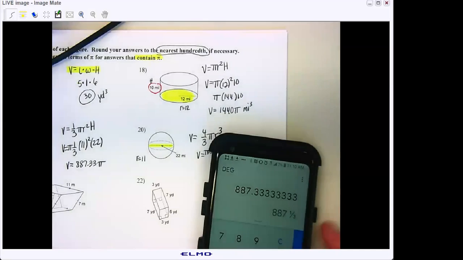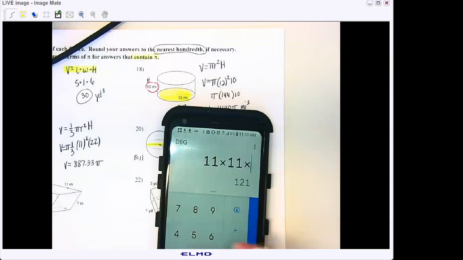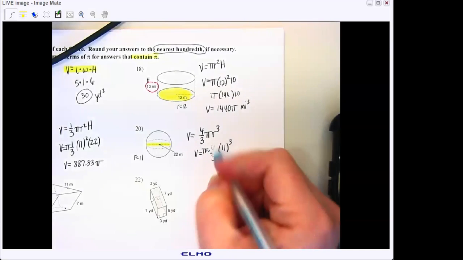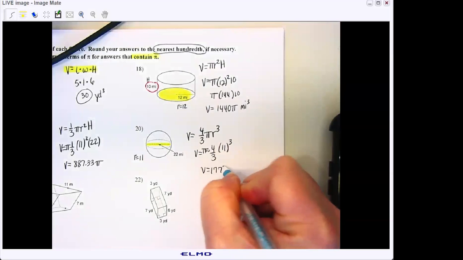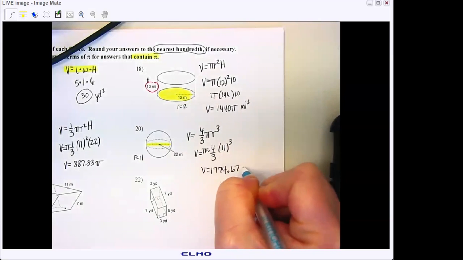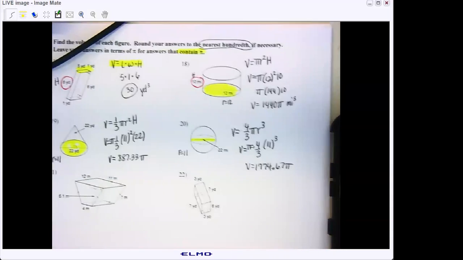Over here, 11 times 11 times 11 times 4 divided by 3 equals 1774.67. 1774.67 pi. It's a calculator problem.